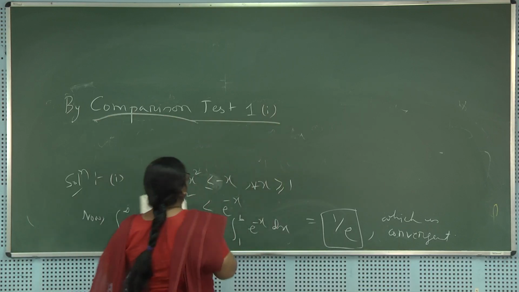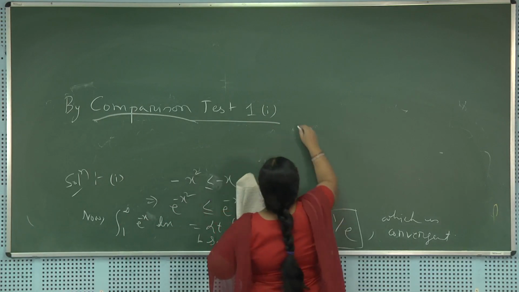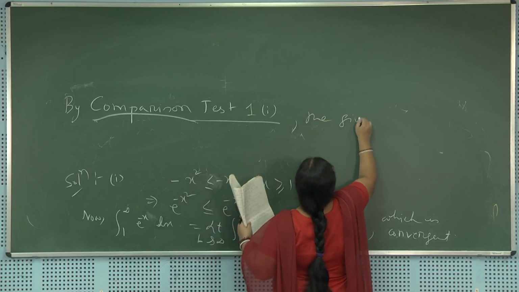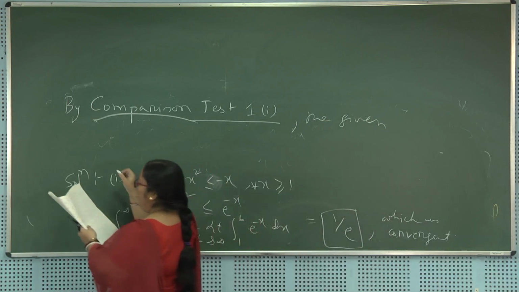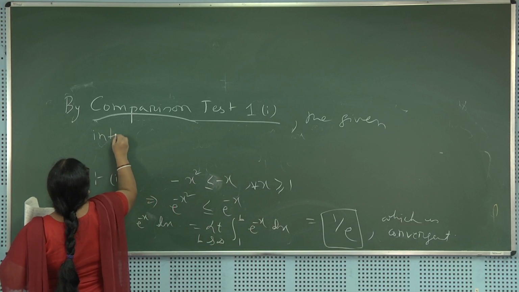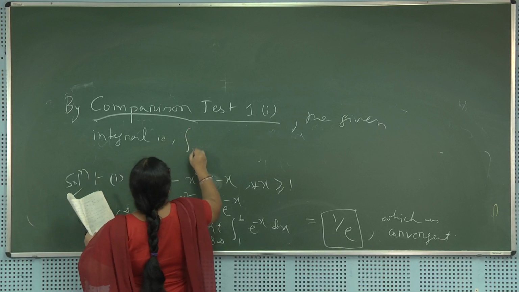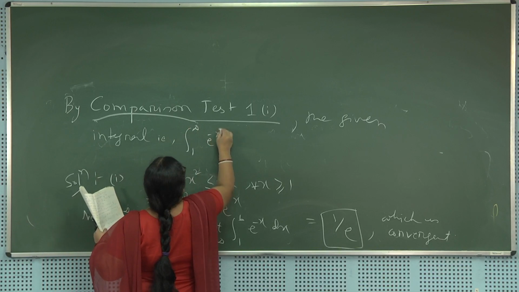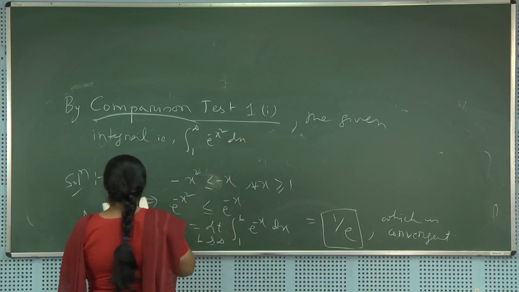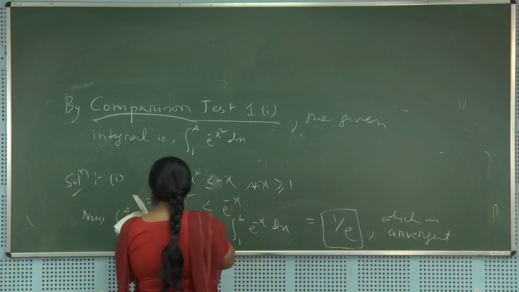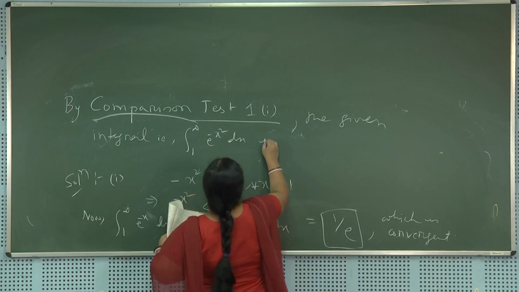Or if you have time you can just mention what the test is. The given integral, the integral from 1 to infinity of e to the power minus x squared dx, is also convergent.